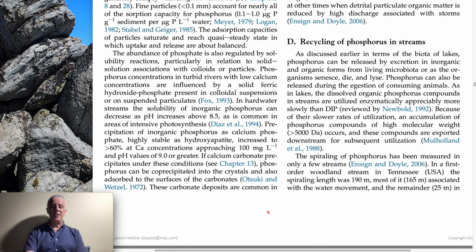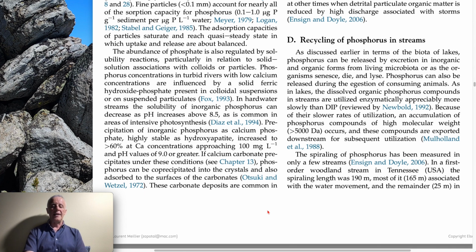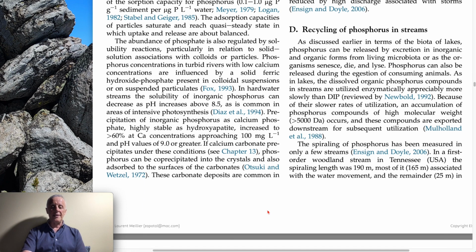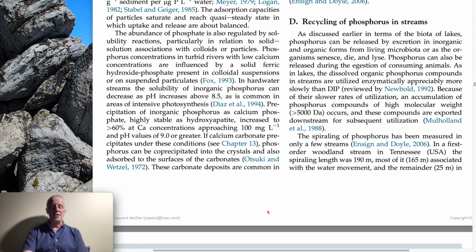As in lakes, the dissolved organic phosphorus compounds in streams are utilized enzymatically appreciably more slowly than DIP. Because of their slower rates of utilization, an accumulation of phosphorus compounds of high molecular weight, greater than 5,000 Dalton, occurs, and these compounds are exported downstream for subsequent utilization.